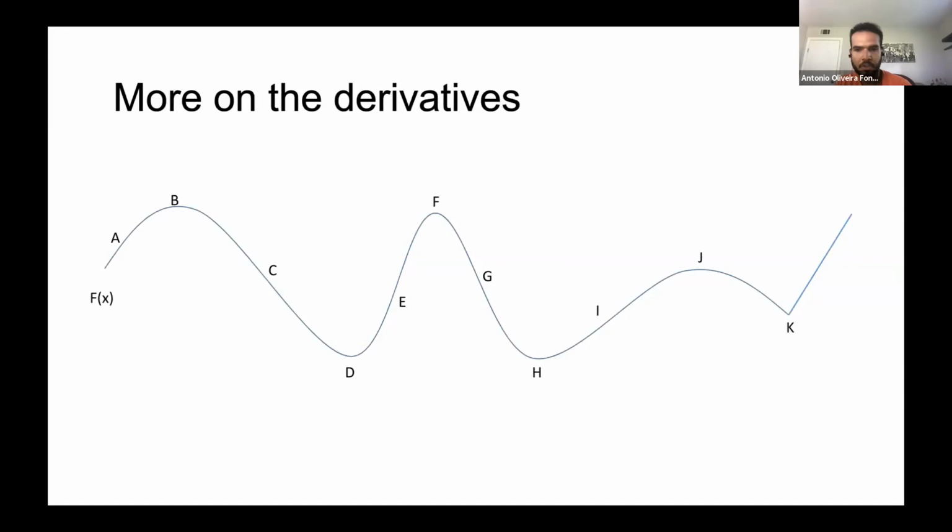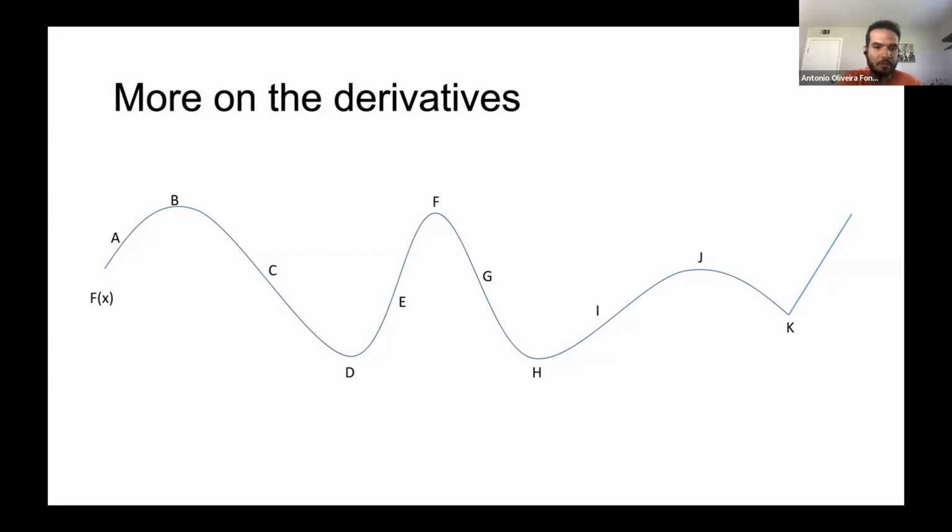Okay, so a little exercise here. We have been talking about these points that have the derivative equal to 0, and that's what we're trying to achieve. Can you point to me the points where I would have the derivative equal to 0 in this plot?